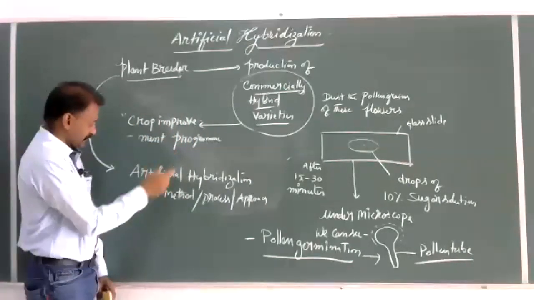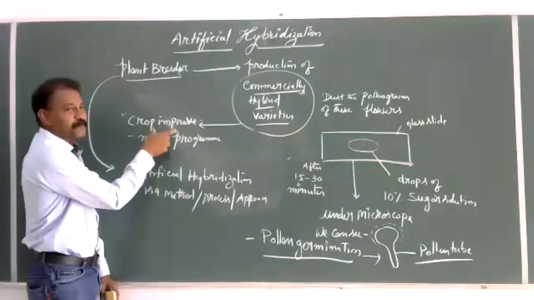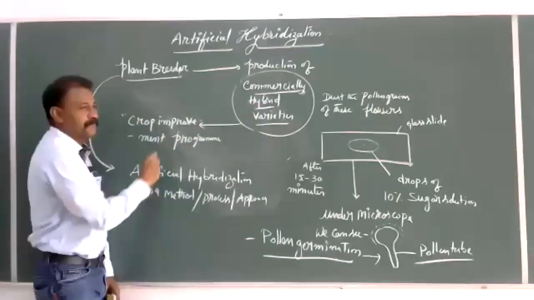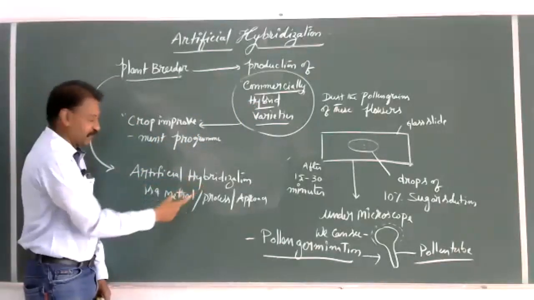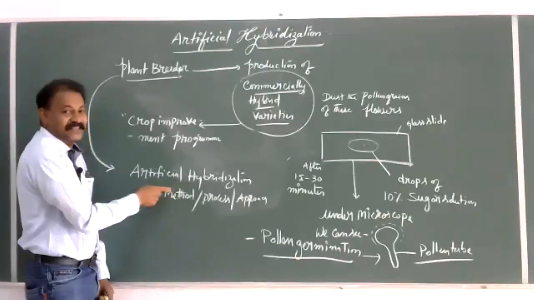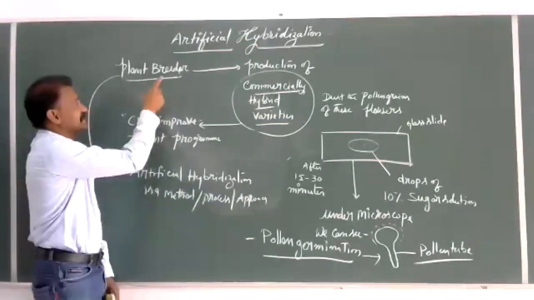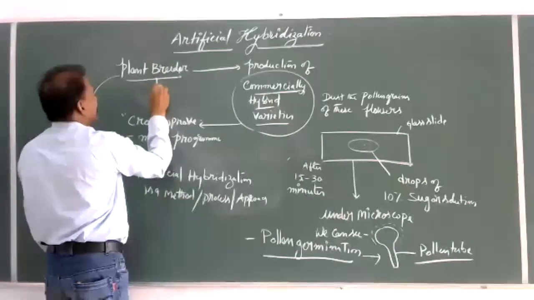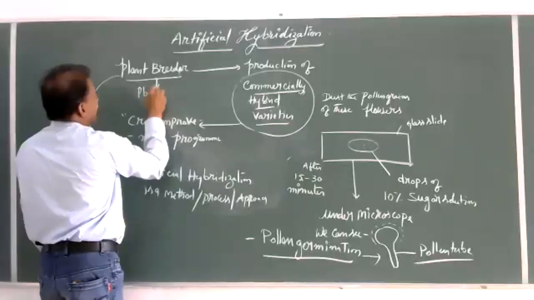So crop improvement is a process of improving the crop. How are we going to improve the crop? By artificial hybridization. And these two come under a science called plant breeding. So plant breeding is a science.